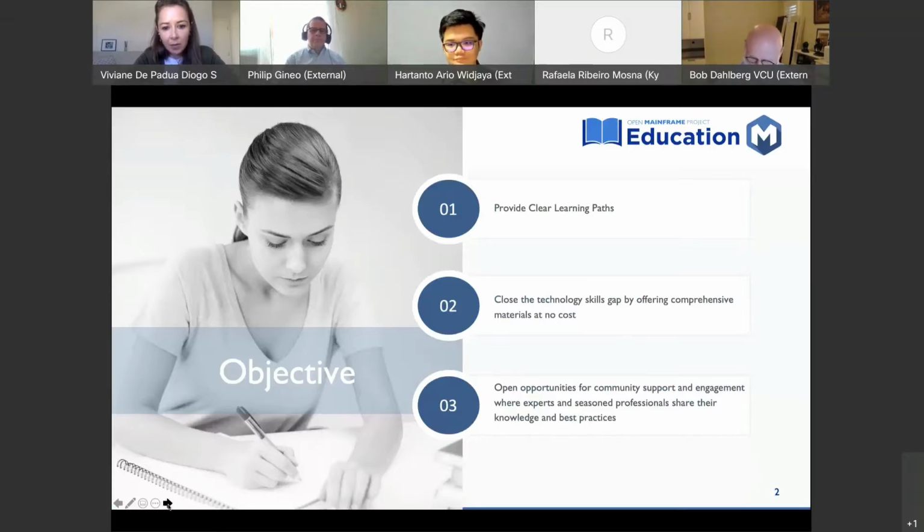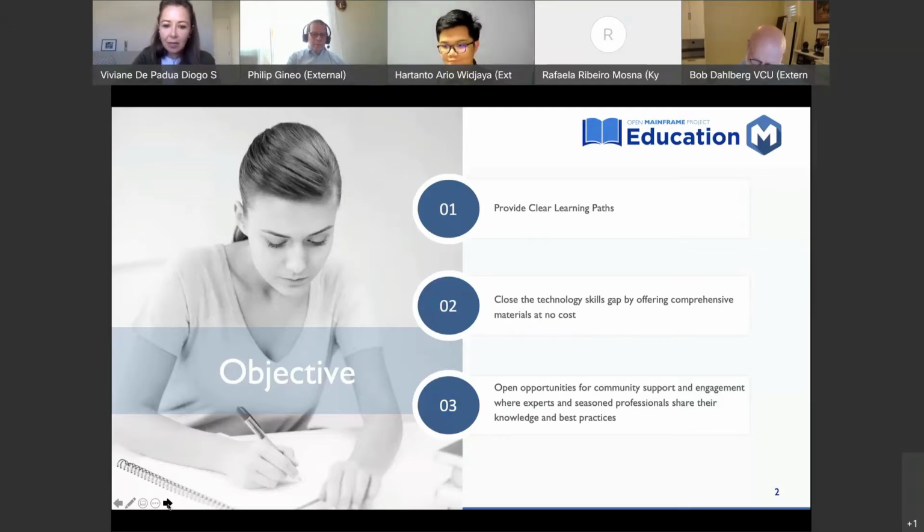That's the intent of this project: to provide foundation information about the mainframe in a single place where everyone can contribute and collaborate, and we can have a community for our ecosystem. The main thing we are looking for is the opportunity to work with the community, with new professionals and experienced professionals, all together in this project to provide education information for the mainframe.